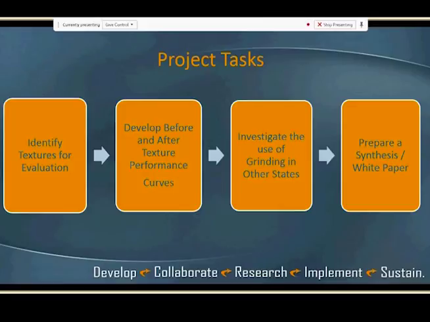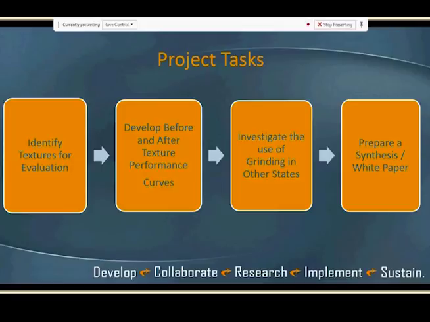I think one of the tasks they're looking for is these performance curves, and we have to talk about what those would look like. And then we want to investigate the use of grinding in other states. So the grinding that's done outside the NRRA states, what are those states doing? And then just write a simple short paper that somebody can go through and really get some information on that.